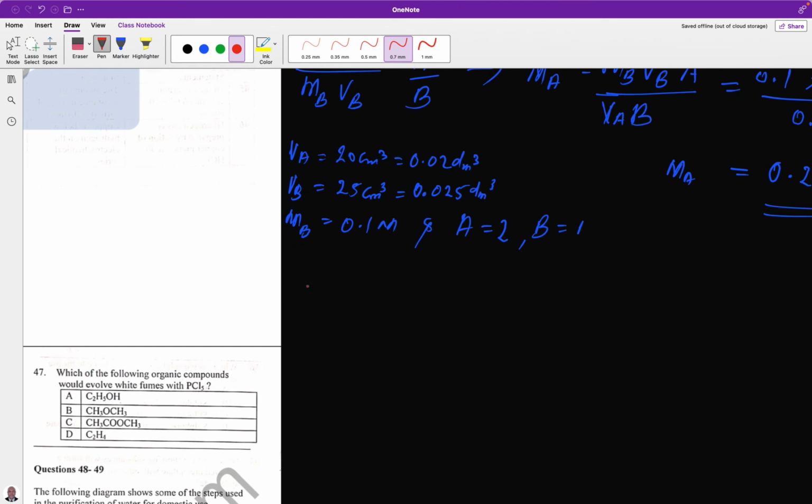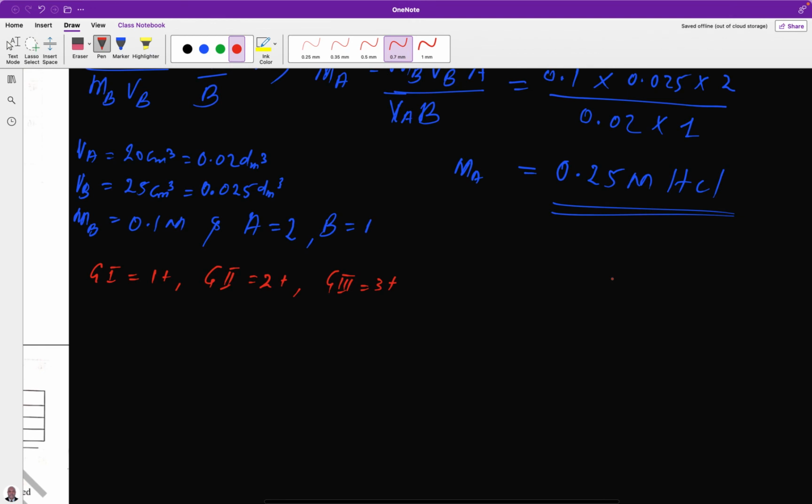Remember that group 1 have a charge of 1 plus. Group 2 have a charge of 2 plus. Group 3 have a charge of 3 plus. Group 4 we don't consider because they only undergo covalent bonding, so no charge there.